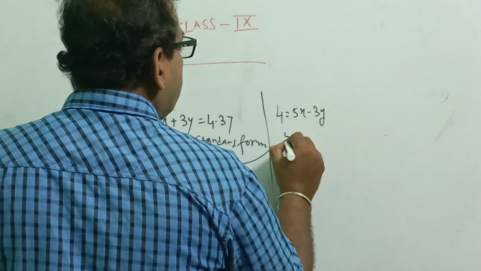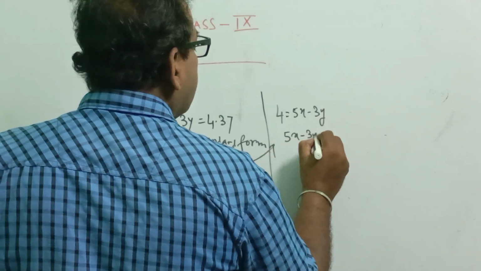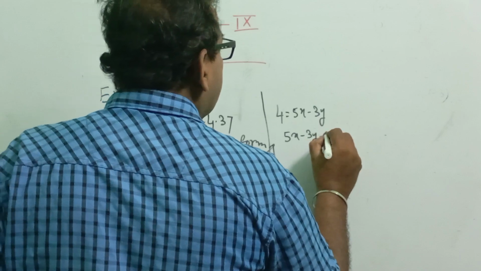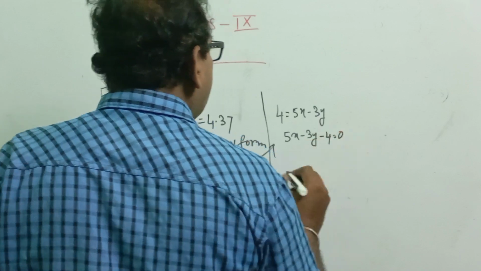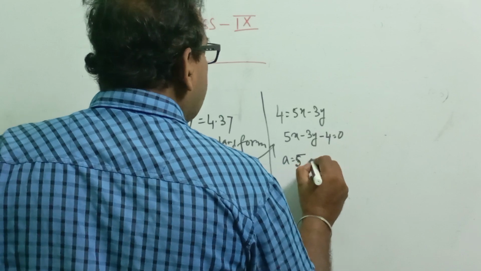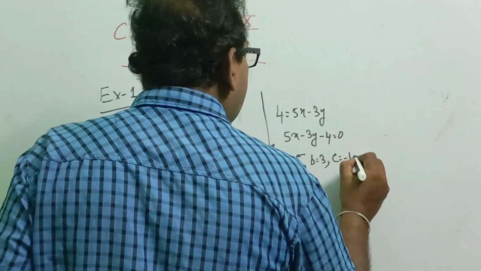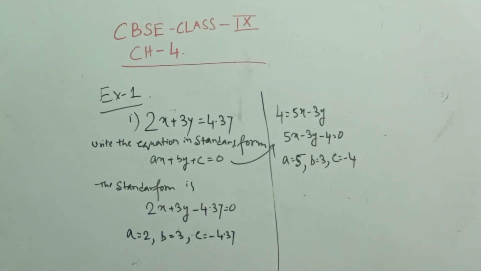So what should I write in the standard form? 5x minus 3y minus 4 is equal to 0. So a is equal to 5, b is equal to minus 3, c is equal to minus 4.